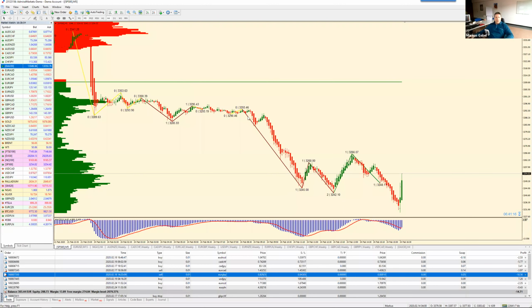So for example, let's see here. Here we go. First of all, you see this support zone. The candles, 1, 2, 3, then here again, 3, 5 candles, no more sellers there. It's just like a support zone.